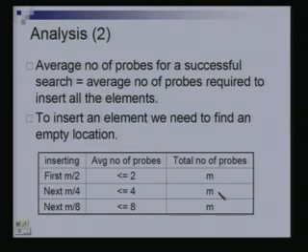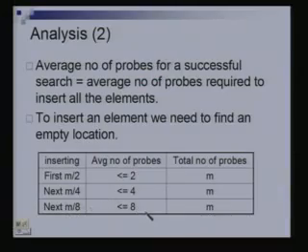Right? Similarly, for these next m/8 elements, when I'm trying to insert the last of these m/8 elements, only 1/8 of the table is empty. And so on an average, I require about 8 probes before I can get to one of those empty locations. So for any one of these m/8 elements, I would not have required more than 8 probes.